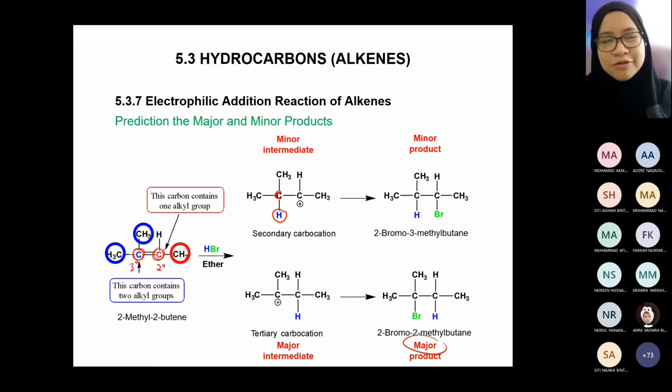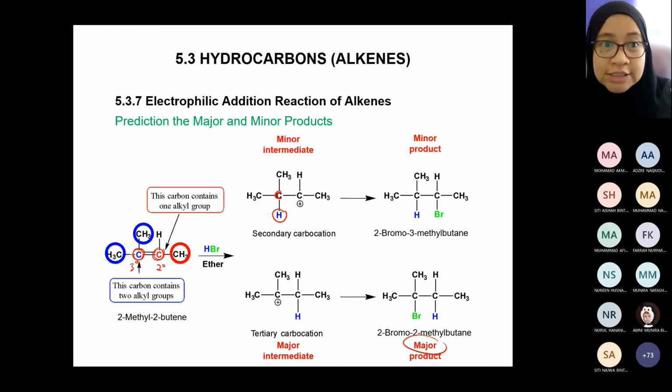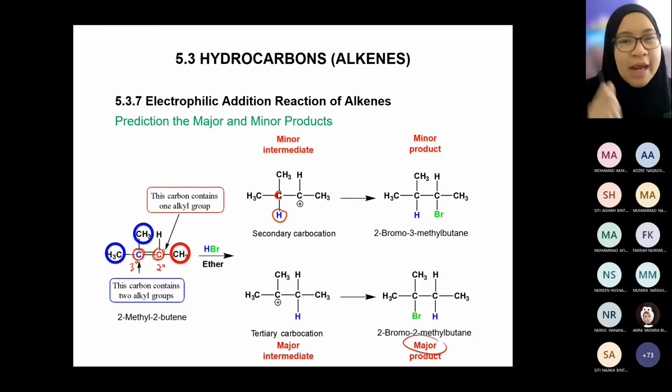So you kena tahulah macam mana nak form major product. Kalau the reaction form carbocation, dia kena prefer tertiary carbocation. Maksudnya tertiary carbocation tu, the Br will be attached to the tertiary carbon later. Kiranya dia follow Markovnikov je lah kan? Dia follow Markovnikov. Yang tak follow Markovnikov, dia akan jadi minor.